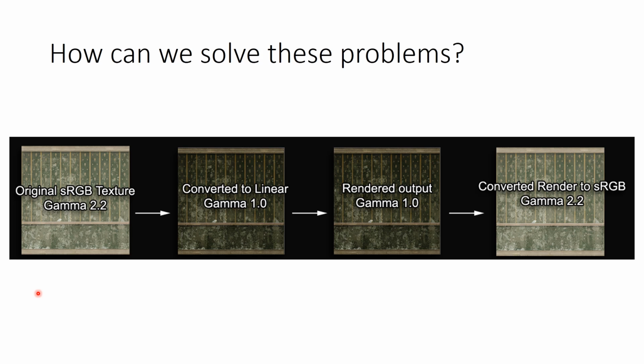So, this is basically the process. You store your textures in sRGB color space. The shader, through the sampler, converts this data from sRGB color space to linear space. You work there, and then the render output converts each linear space data to sRGB color space.